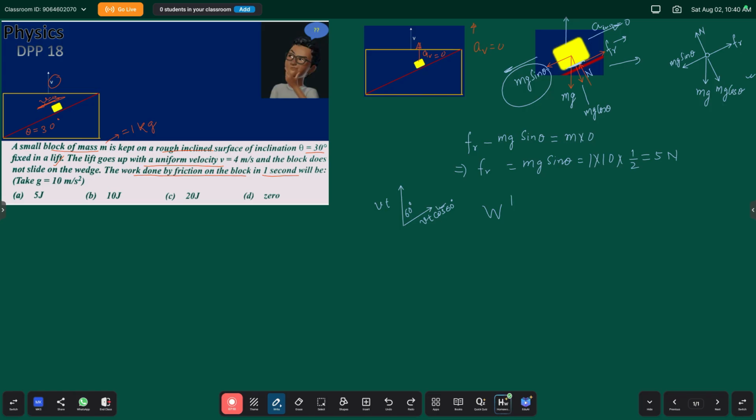So the work done by the friction force in t seconds, we can write like this: Fr into the displacement along the friction force in t seconds. The friction force we have already calculated, 5 Newton.